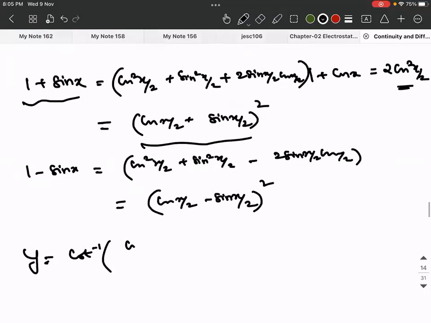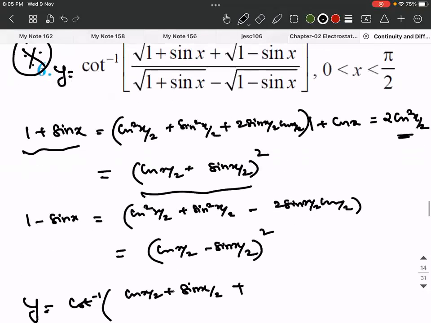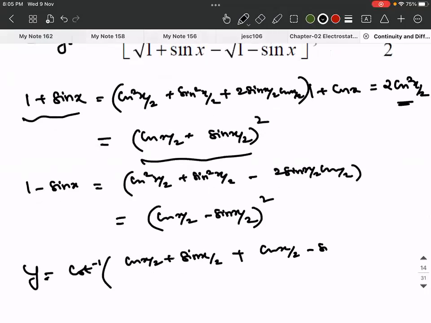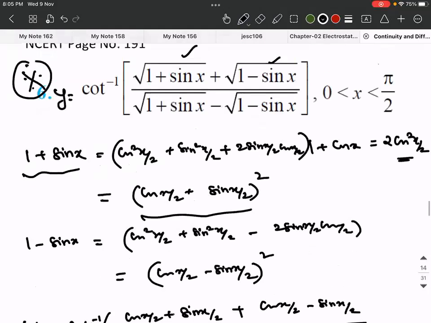So you will get the answer as cos x by 2 plus sin x by 2, plus, here you will get cos x by 2 minus sin x by 2. Oh, sorry, you're right. Half is right. Correct. Okay, sir. The half is right.